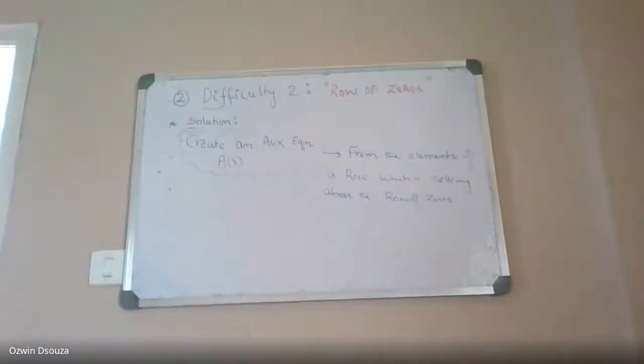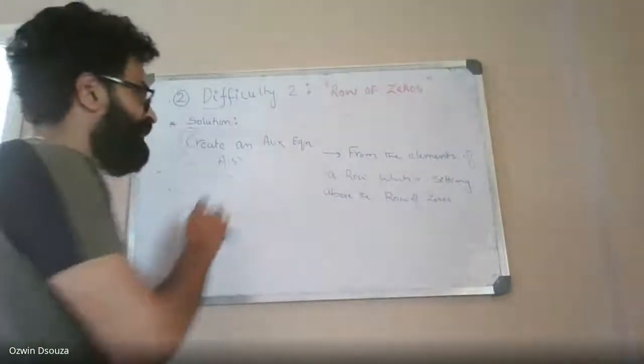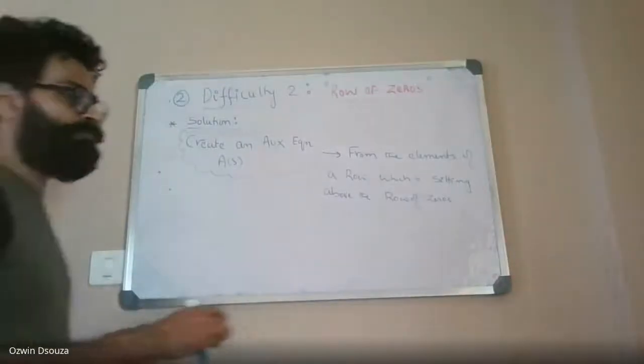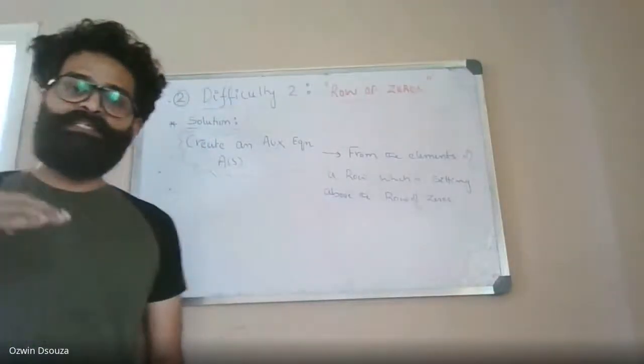All right. So this is the solution. What is it that you are supposed to do? Create an auxiliary equation A of S from the elements of the row which is sitting just above the row of zeros.